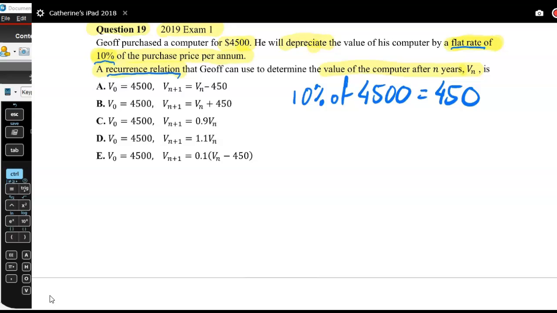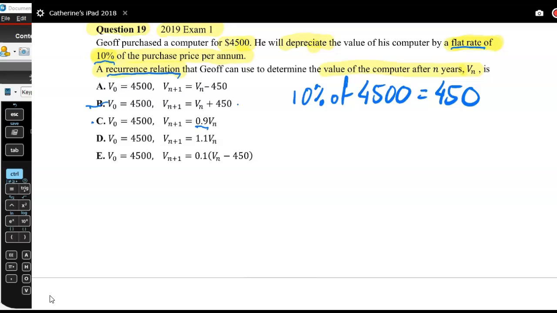Because we're depreciating, the value is going to decrease. Looking at these options, this one is going to increase it, isn't it? Because of the plus 450. Now here, we've got a rate.